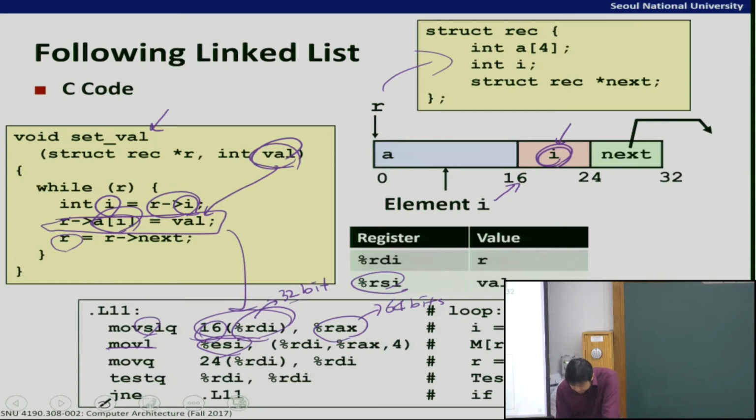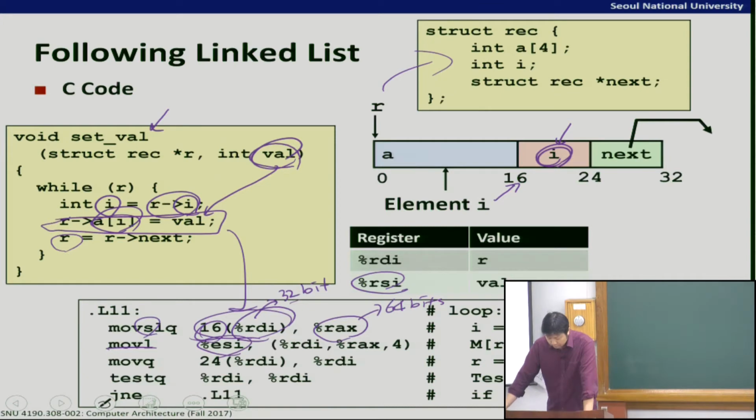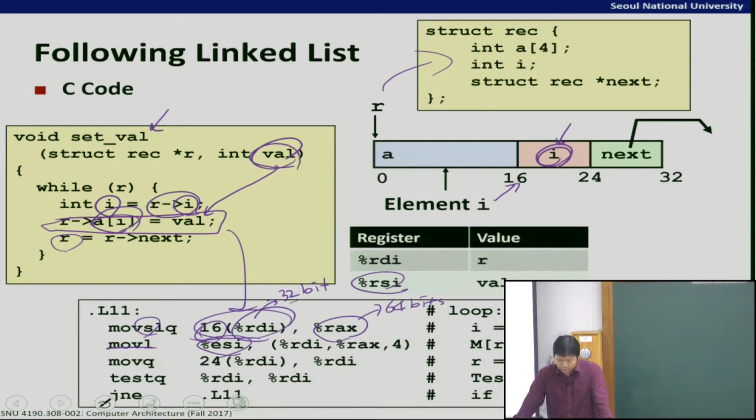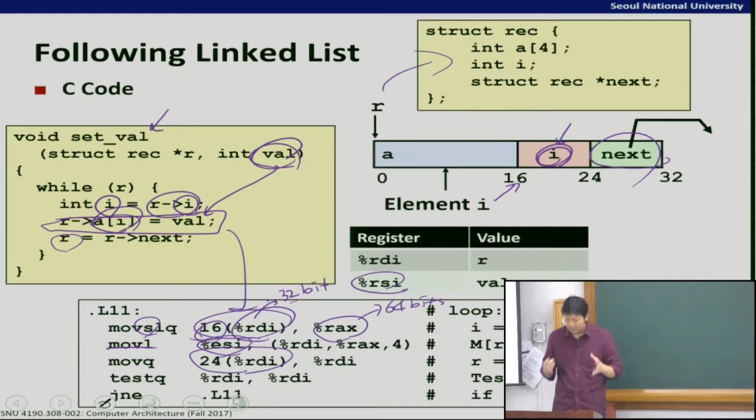Finally, the third line: now we update the pointer R, the pointer that points to the current node, to the value of next. The value of next can be obtained by accessing the memory location RDI plus 24, because the compiler knows that if the base pointer is R, the next variable starts at offset 24 from the beginning.